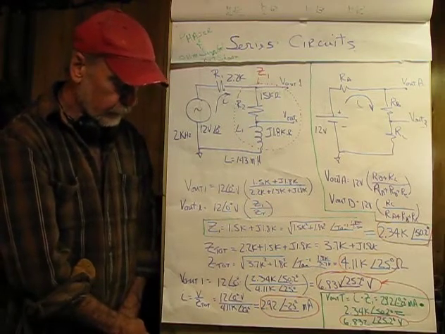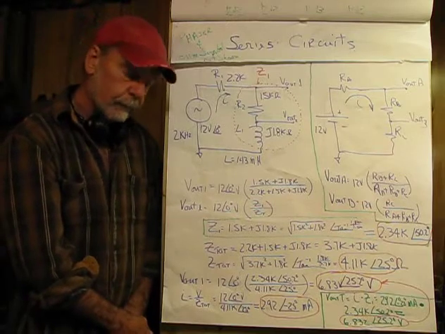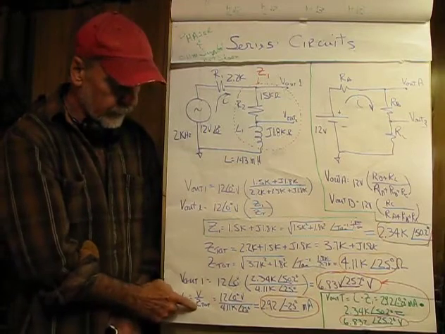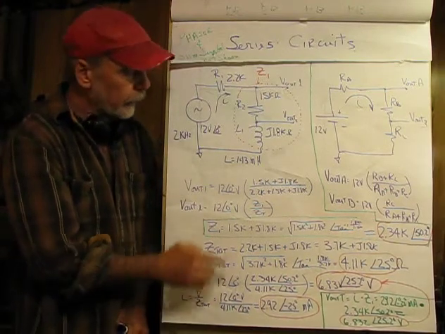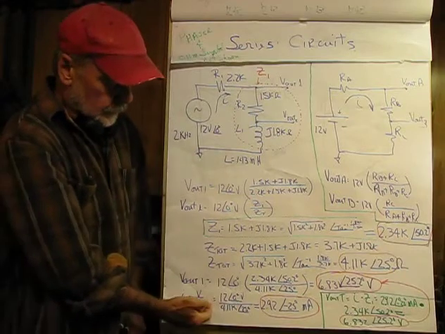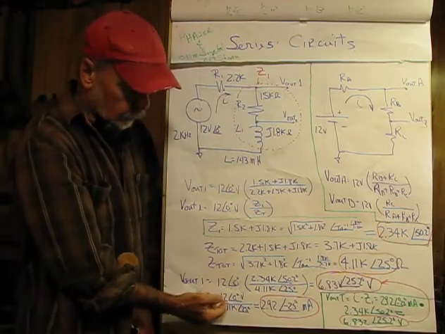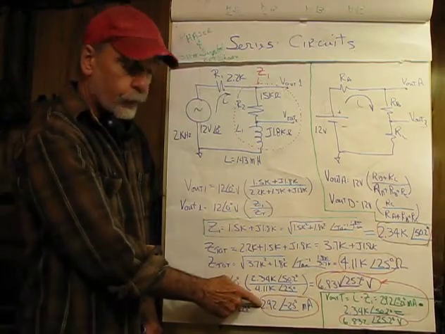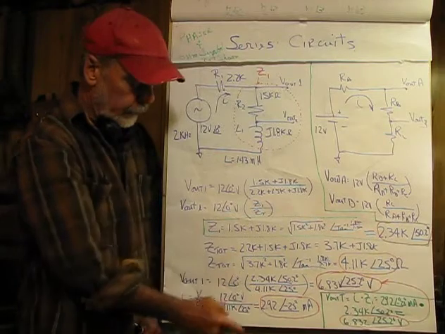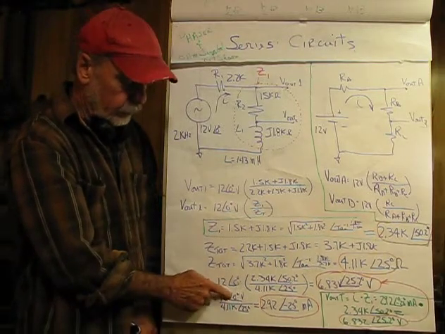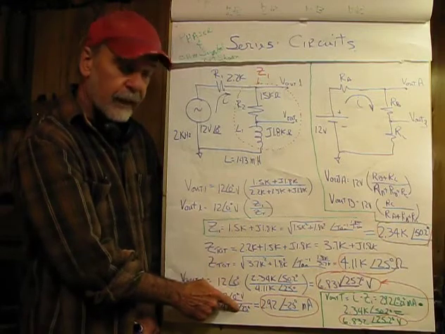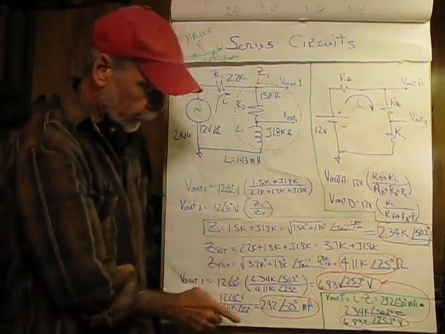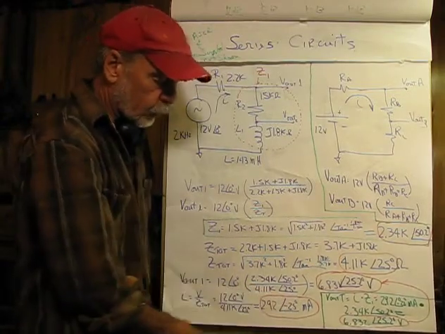So let's check things out, and let's determine what the current flow is. To do that, we'll have the voltage here, 12 at 0 divided by Z total, and that will give us I. We just have our polar forms here, and dividing 12 by 4.11K gives us 2.92 milliamperes, and then taking into account the angles, we have 0 minus a positive 25 degrees, and that gives us a negative 25 degrees.